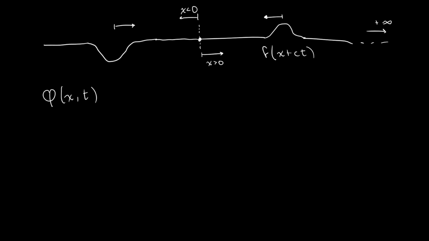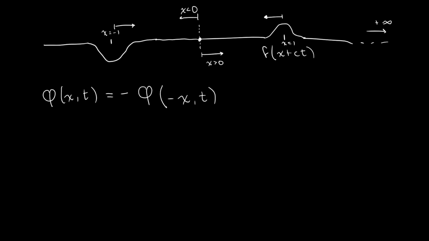So another way of saying this is just, I'm going to take phi as a function of x and t, and I'm going to say that that should be equal to its negative when I flip the spatial component. So when x goes to minus x, I just get a negative sign. You can see this. So if here this is sitting at x equals 1, then this is sitting at x equals minus 1.